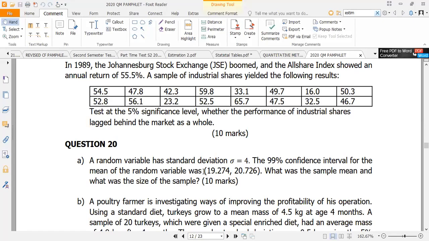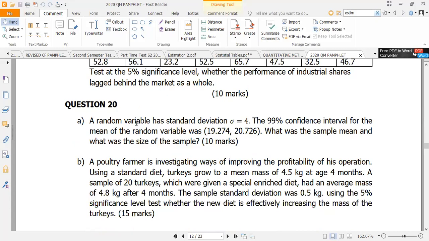But here's a question. A random sample with standard deviation 4 and a 99% confidence interval for the mean was 19.274 and 20.726. What is the mean and what is the sample size? 10 marks. This was in an exam. So somebody should answer something and you can be free to go.